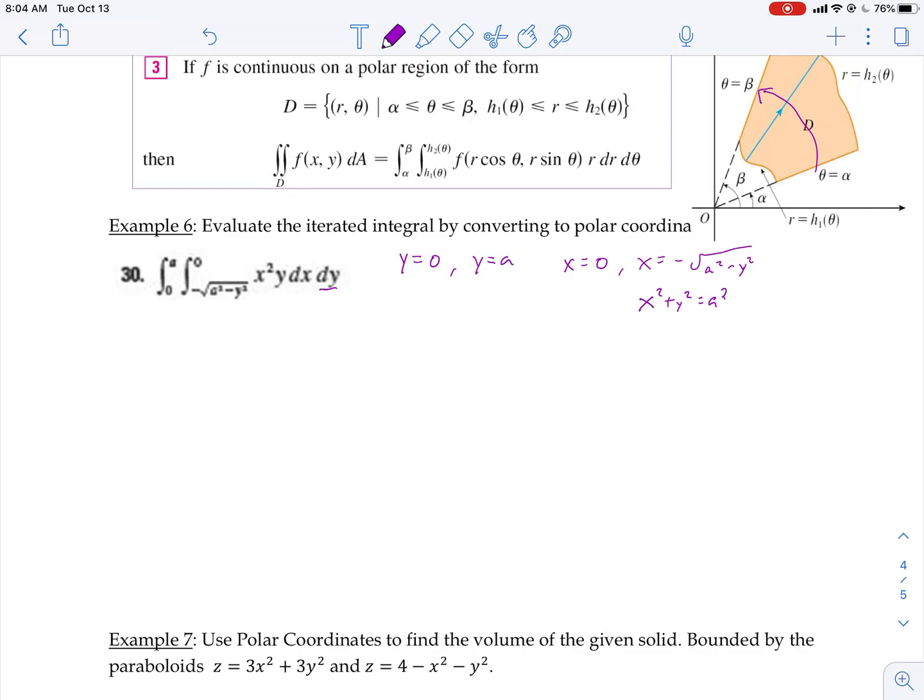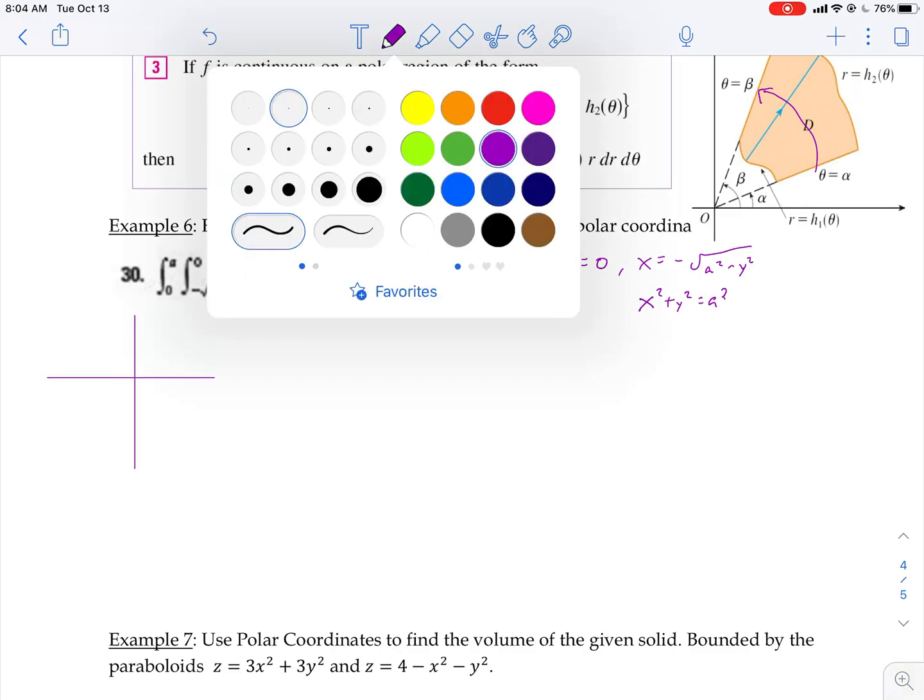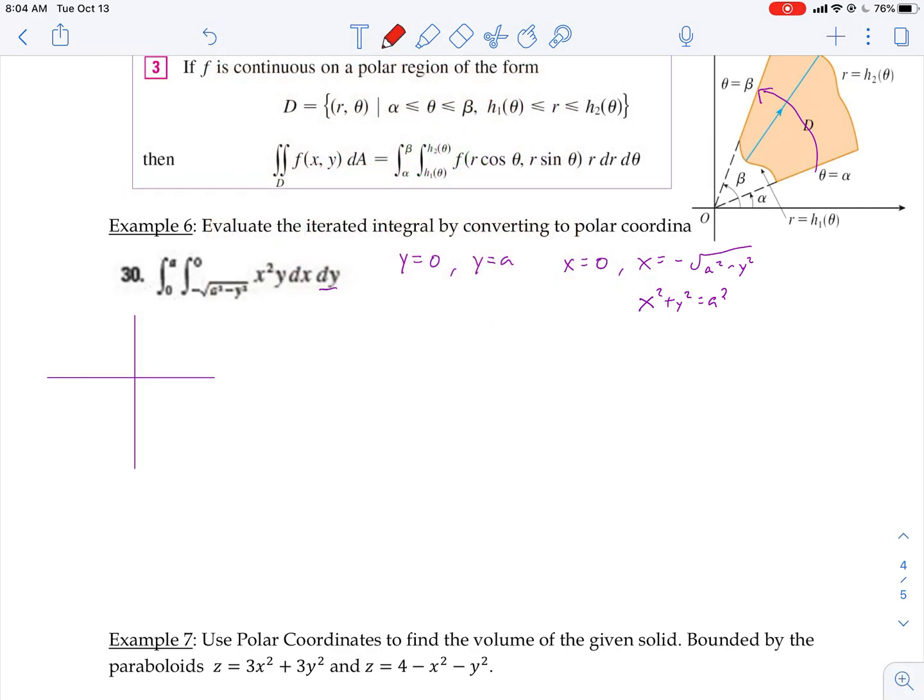All right, so now I know what I'm drawing. I have a circle. Let's draw the region. I'll stick with purple. It looks like the radius is going to be defined by a. So our radius is a, and that would be like negative a.